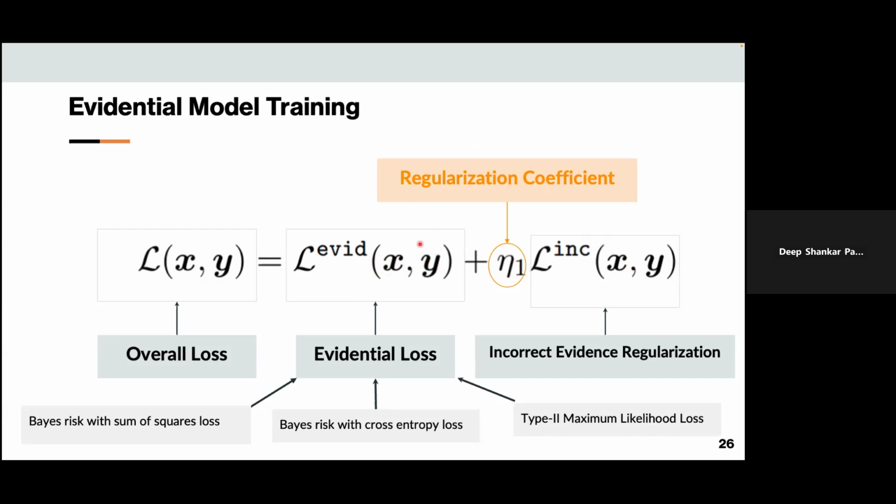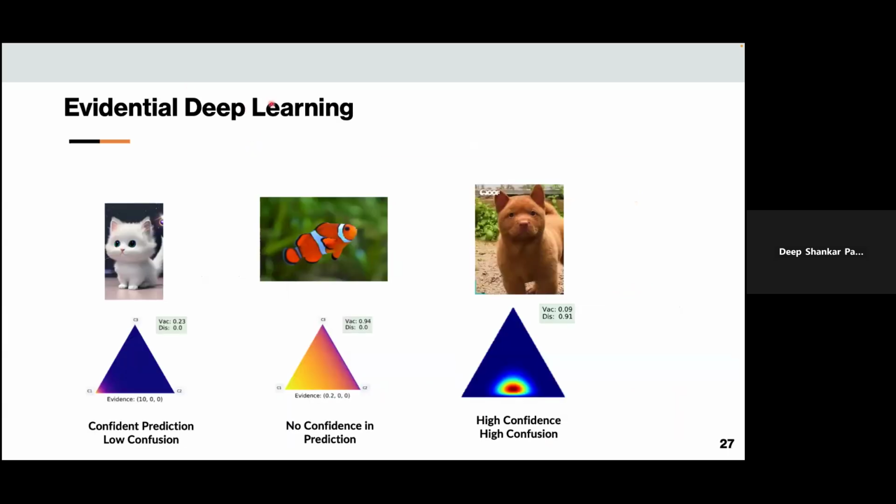A lot of different variants of the loss have been developed, such as the Bayes risk with sum of square loss, Bayes risk with cross entropy loss, and type 2 maximum likelihood based loss. Different losses and different hyperparameter choices have been tried to train the evidential model. And with the choice of activation and losses, the fine-grained uncertainty can be obtained from the evidential models.